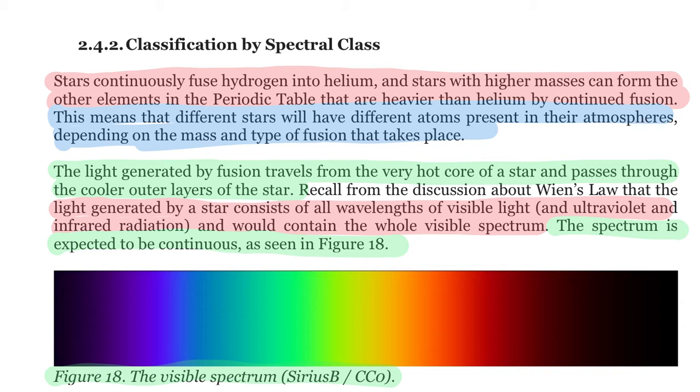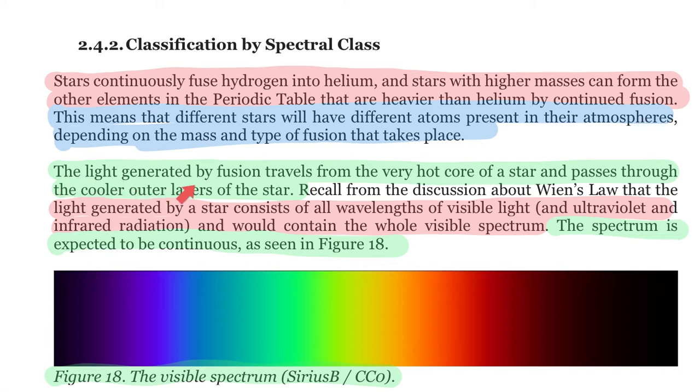And so in these stars, these heavier elements are to be found. So this means that different stars will have different atoms present in their atmospheres, depending on the mass and the type of fusion that is taking place.